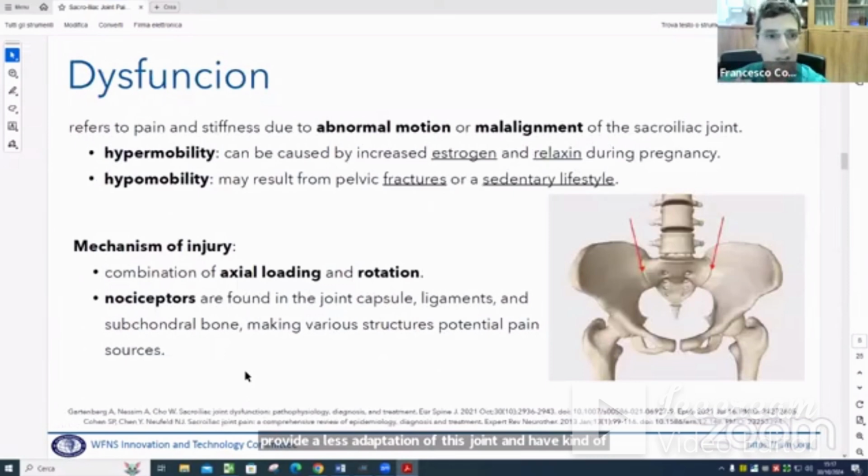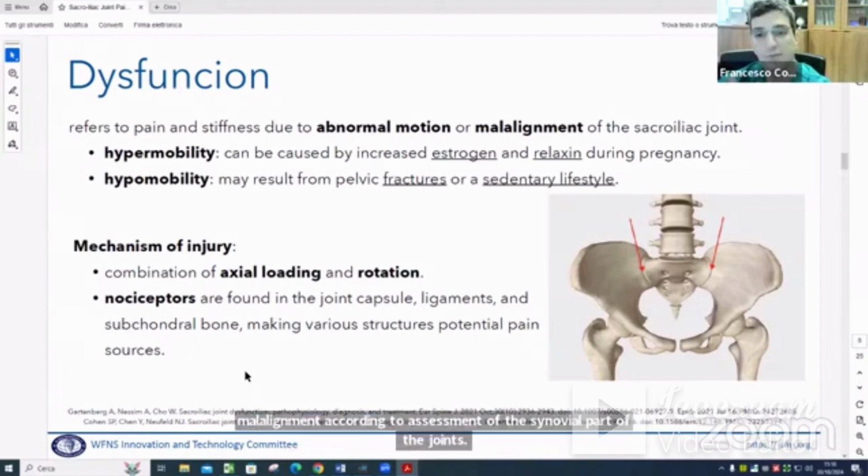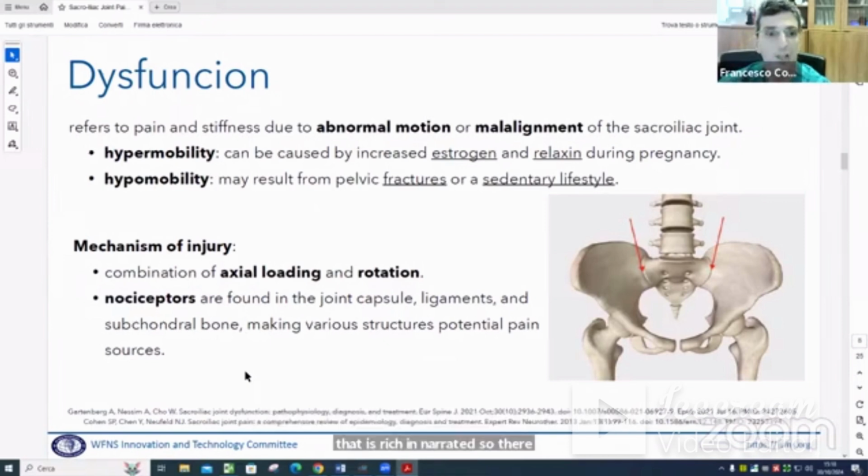This alteration can cause distress, abnormal motion and malalignment, with stress on the synovial part of the joint that is richly innervated, so there is a source of pain. Hypermobility or hypomobility can both be correlated with distress, dysfunction, and pain.